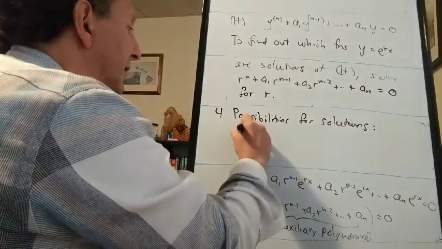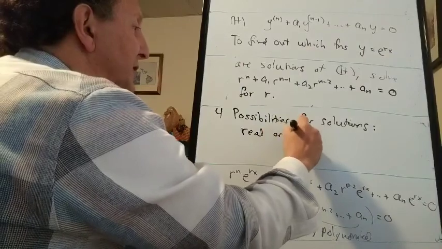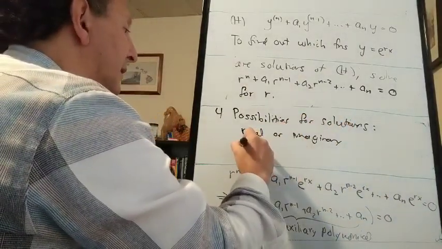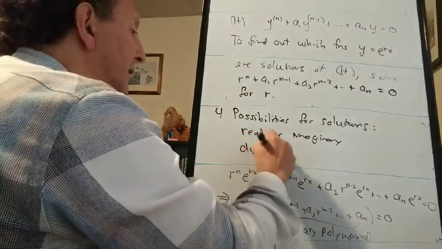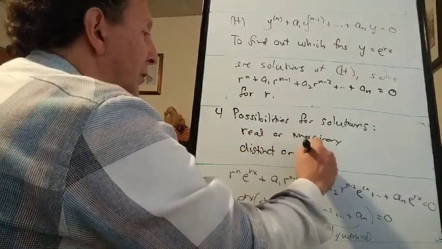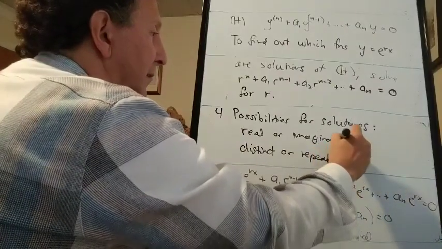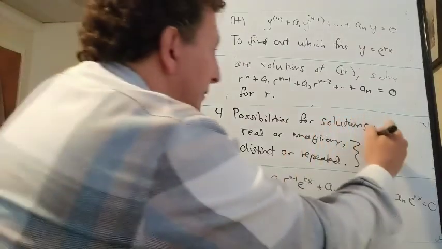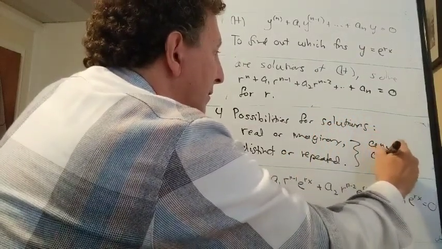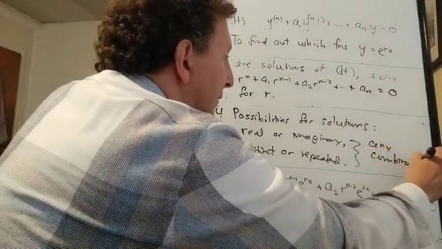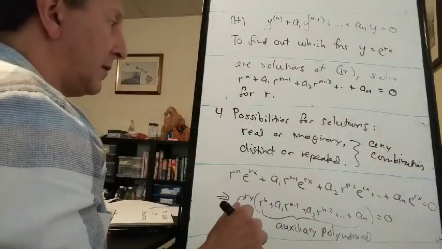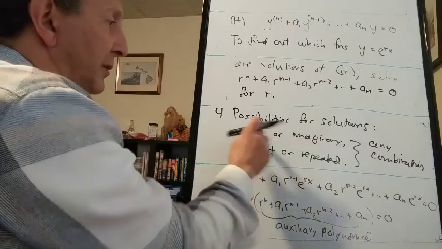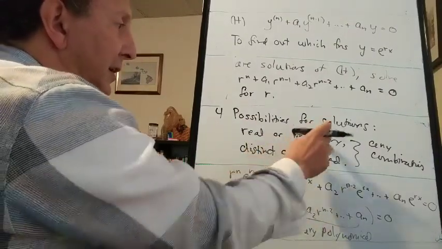They could be real or imaginary, distinct or repeated, or any combination. So real and distinct, real and repeated, imaginary distinct, imaginary repeated.